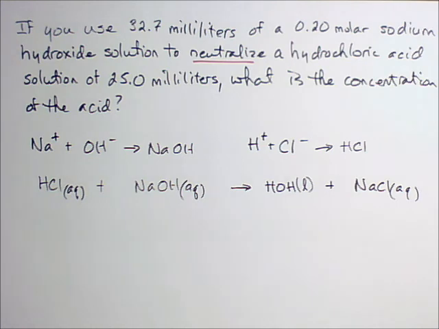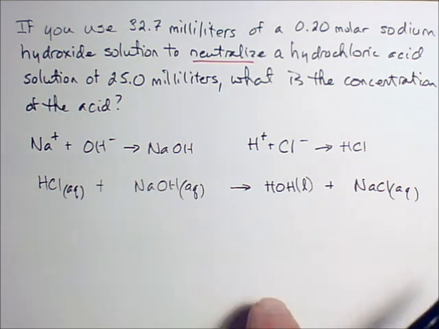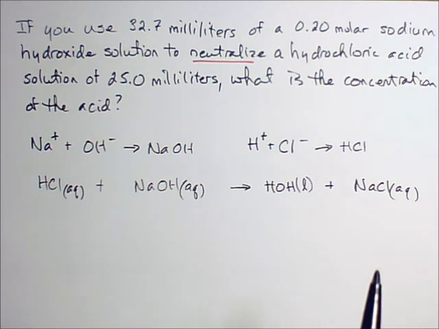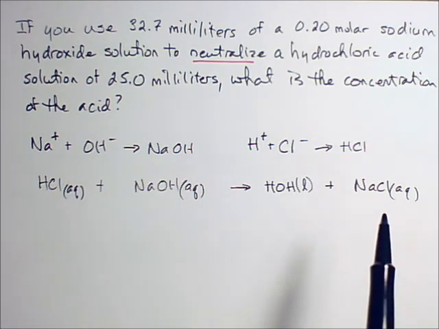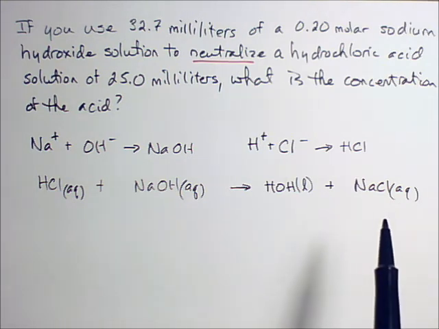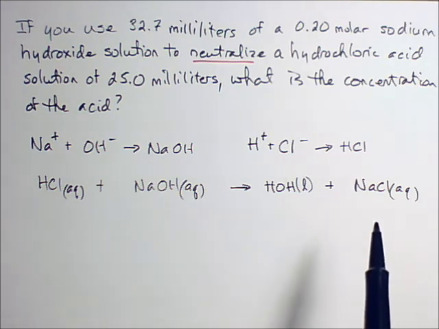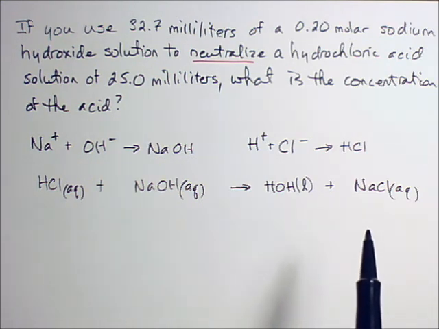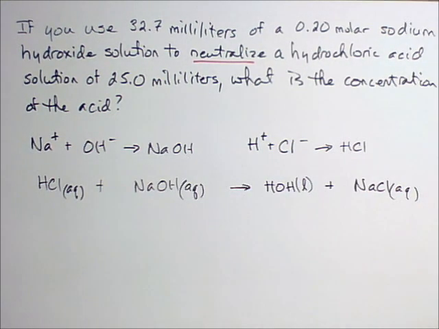So listen carefully. Here's the rule for you. The rule is your starting amount will always be the amount of the chemical whose concentration you know. Your starting amount when you're doing solution stoichiometry like this will always be the amount of the chemical whose concentration you know.